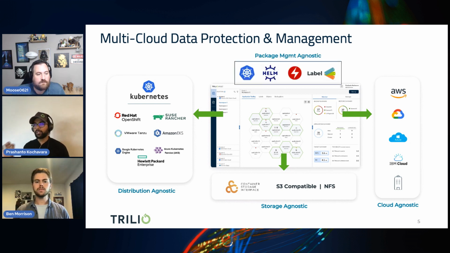And then finally, the technology is completely application centric. So what we allow you to do is capture your entire namespaces if you want to, capture specific Helm applications, capture operators themselves, like the operator objects, the operator custom resources, and the application that the operator is managing, all of that as one unit.